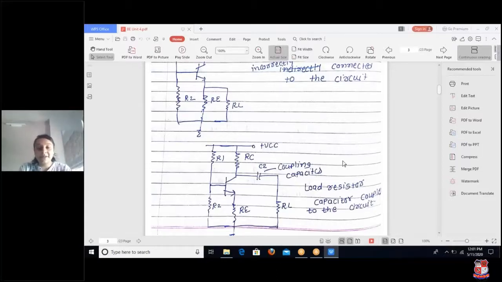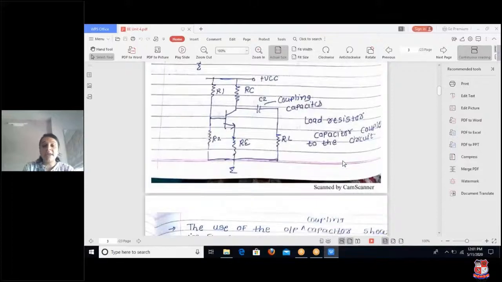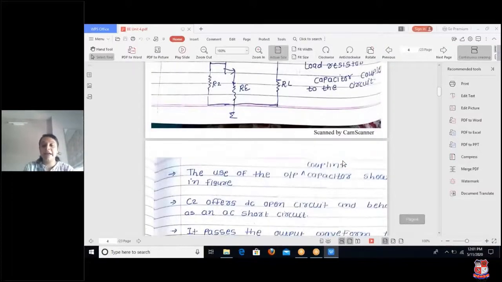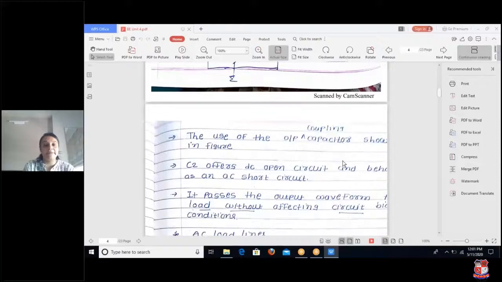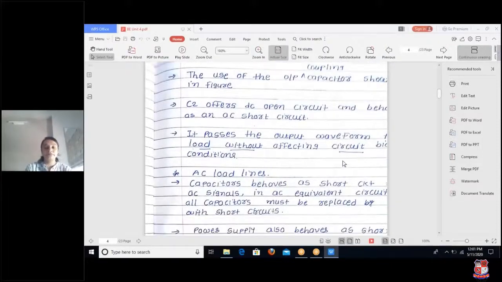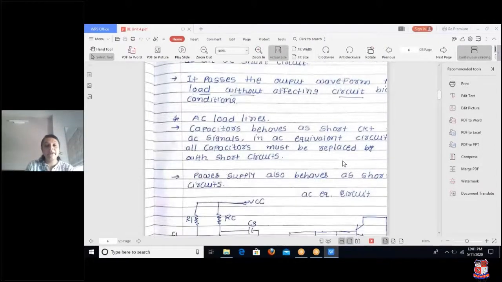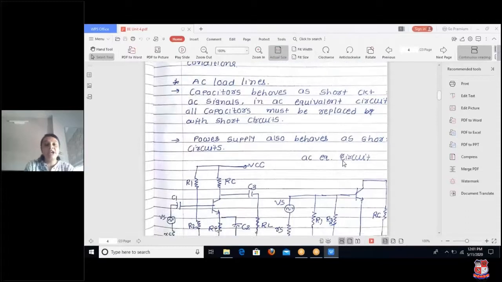So this is the function of a coupling capacitor. Whenever we analyze the signal, we connect the coupling capacitor at both the input side and the output side.